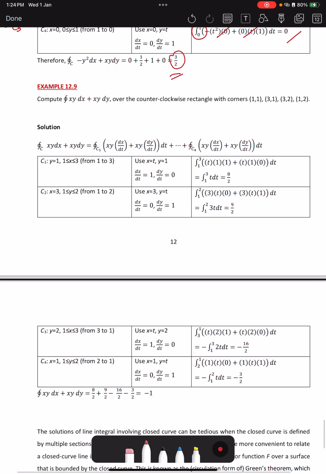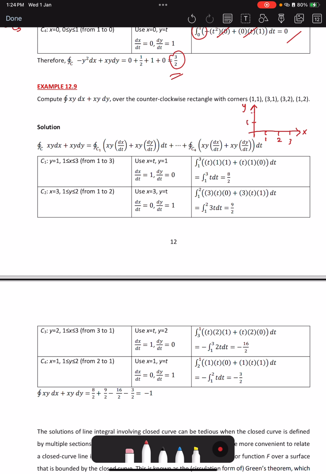Okay, last example, 12.9. Compute the closed loop line integral over the counterclockwise rectangle of (1,1), (3,1), (3,2), and (1,2). So how does it look like? Okay, let's say that this is x and this is y. So this is 1, 2, and 3.